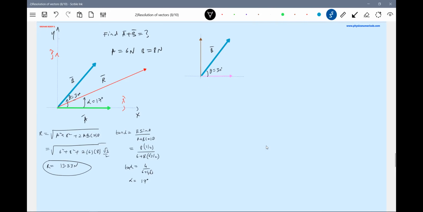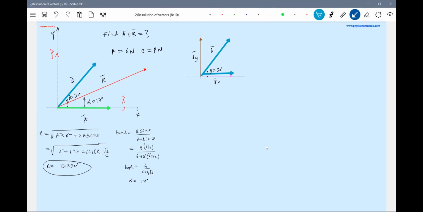So what are Bx bar and By bar? What we are doing is just splitting up this vector. If I split it up, a part of it will be along the x-axis and a part of it along the y-axis.